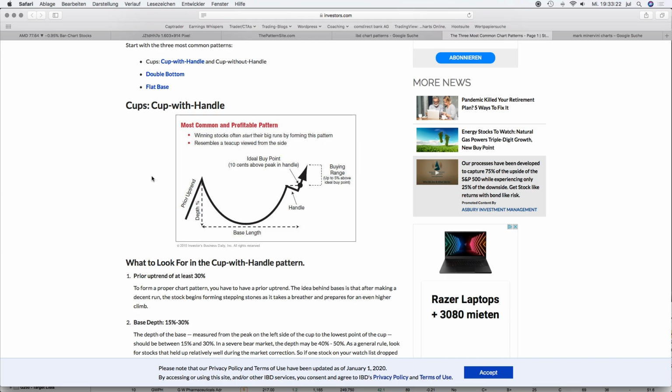So you must always see chart patterns in a context, especially about stocks. I'm a stock trader, and seeing chart patterns inside a context is important, because the markets always change and create new situations.